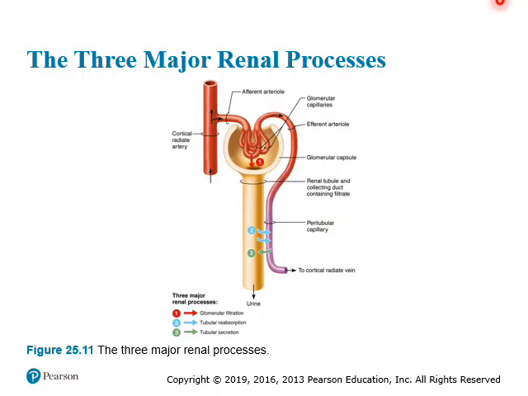The only thing that's actually happening there is you have hydrostatic pressure of blood because of the wide afferent arteriole that's picking up a lot of blood, and then the narrow efferent arteriole that's actually preventing blood from escaping. So you have an increase in blood pressure right here.